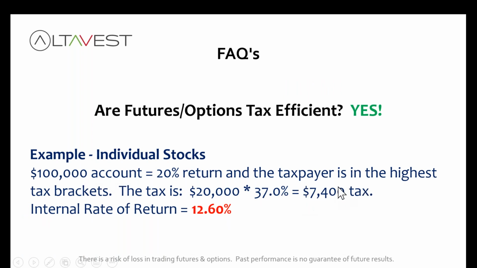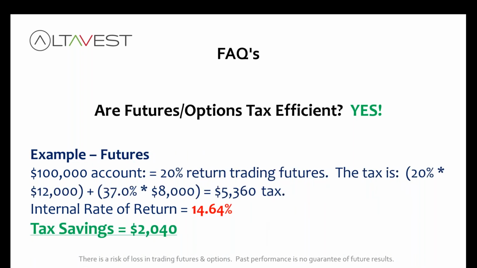You pay $7,400 in tax, and that's a rate of return of 12.6%. But if you're doing futures options like we do, it gets favorable tax treatment. You only pay $5,360 in tax. You save over $2,000 in tax in this illustration, simply because we're in a tax efficient environment.